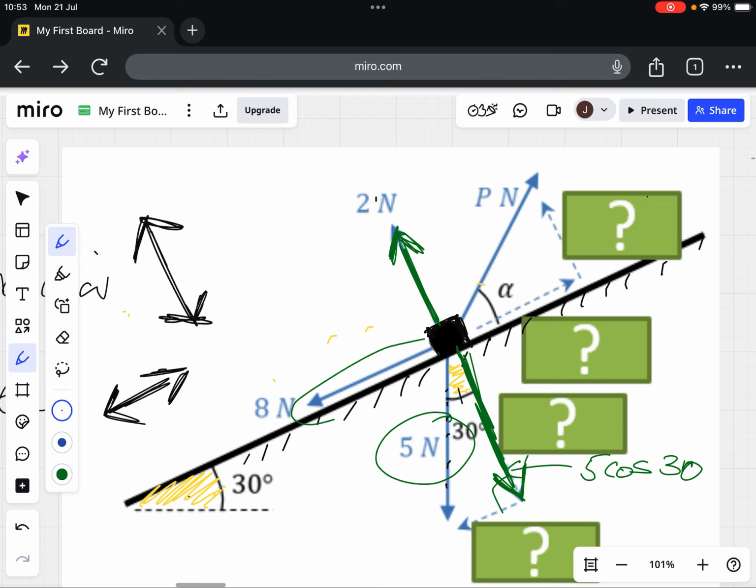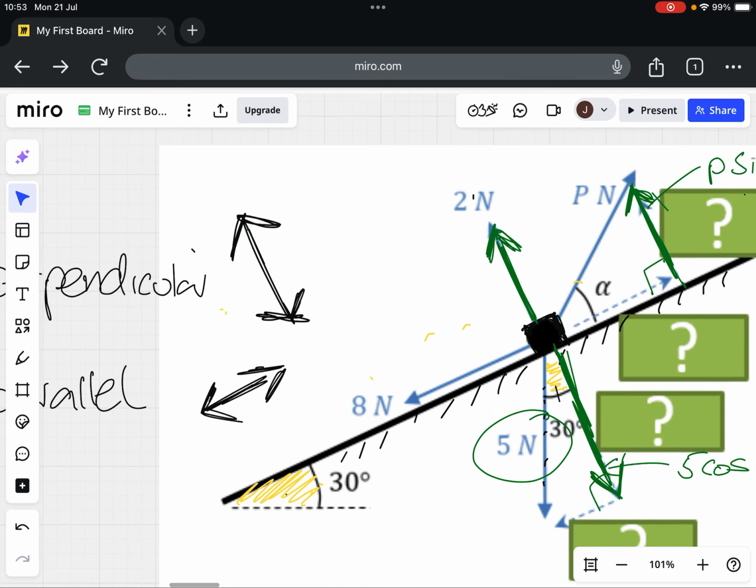Well, this is already parallel, so I'm going to leave that one alone. Okay. But what else does seem to work is this one here. So this, which again is a right angle triangle I would need to sketch on sometimes, okay? This is opposite and it's P. So this one here is called P sine alpha.